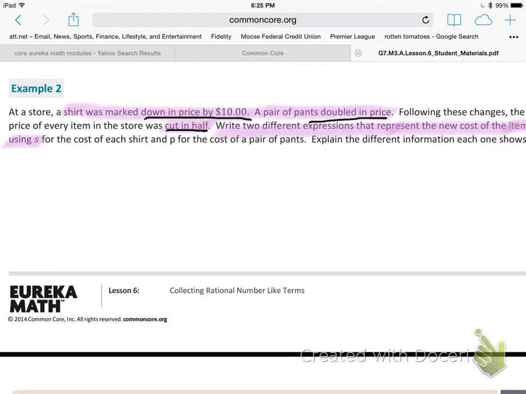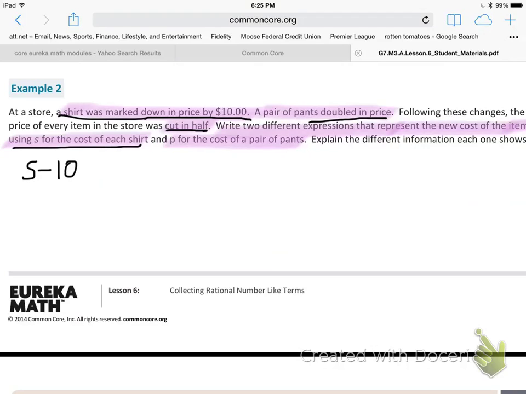We're going to use S for the shirt and P for the cost of the pants. Okay, so first of all, let's just look at this. So we have a shirt here marked down in price by $10. Okay, so if S is the cost of each shirt, this scenario would be S minus 10.